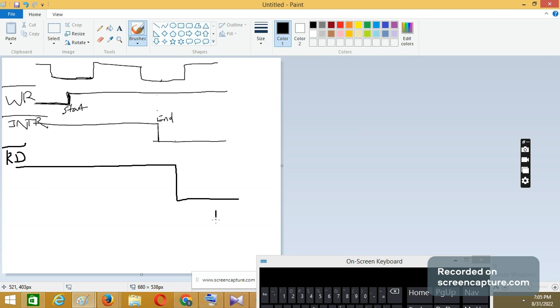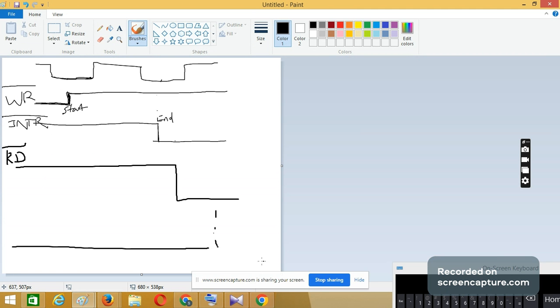After this point, D0 to D7 will contain the digital bits which go to the microcontroller.